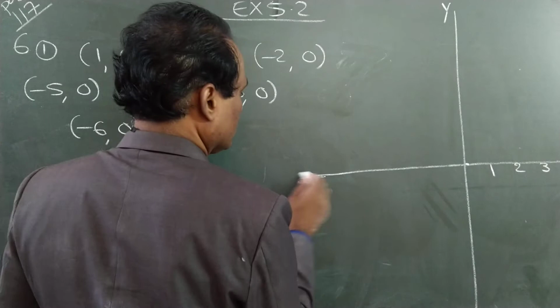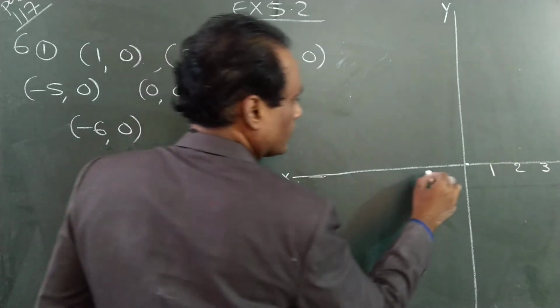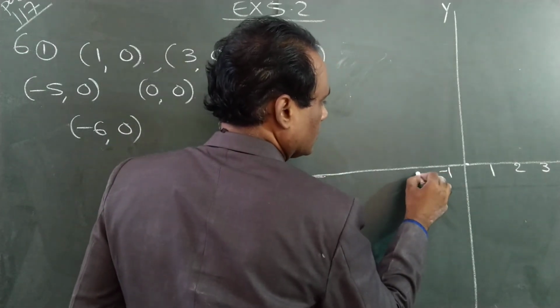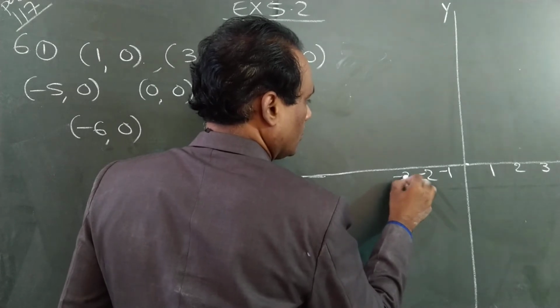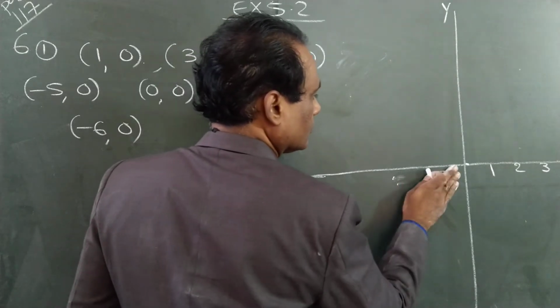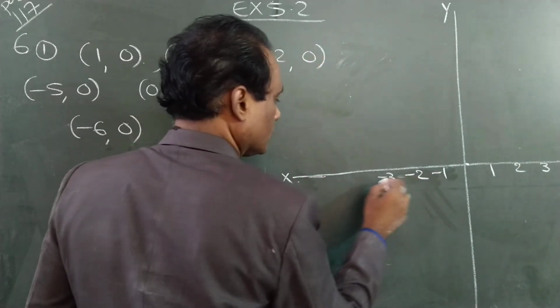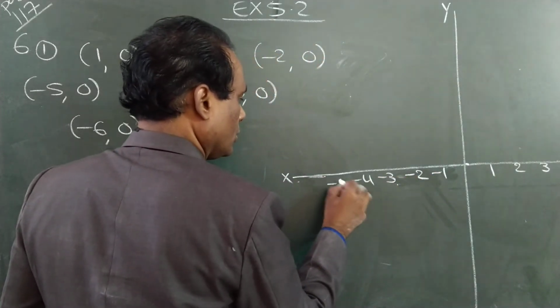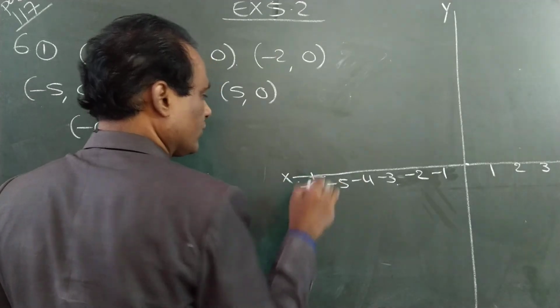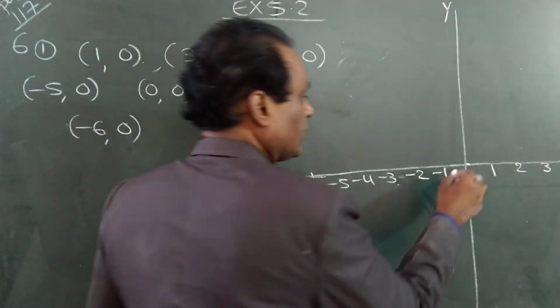Next, see here: -1, -2, -3, -4, -5, -6. This is the origin.